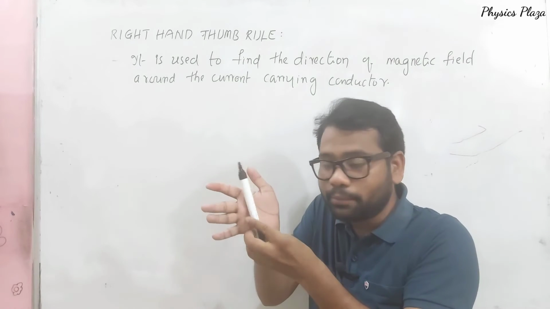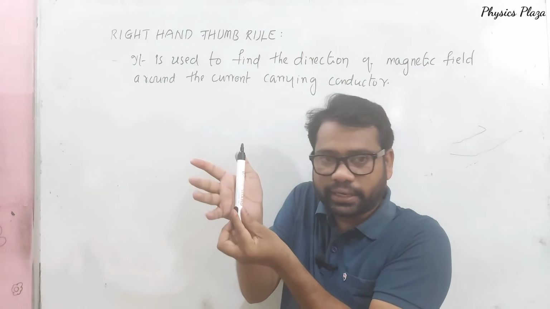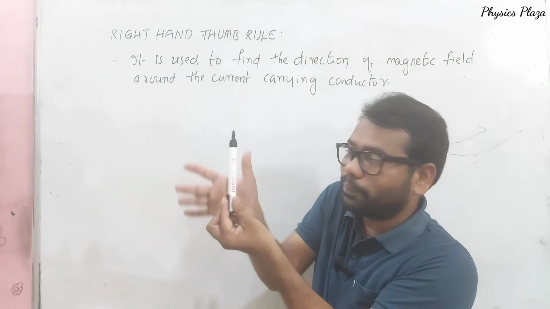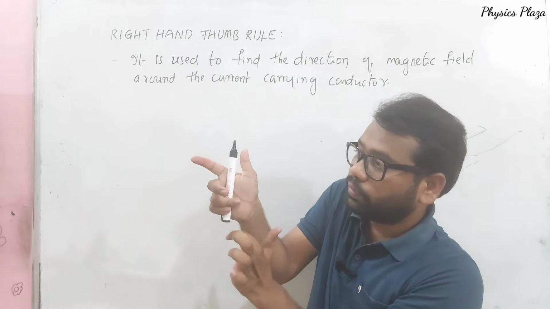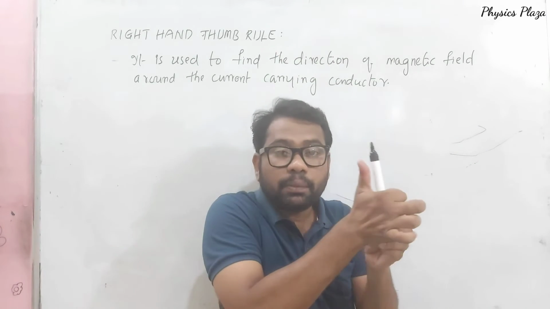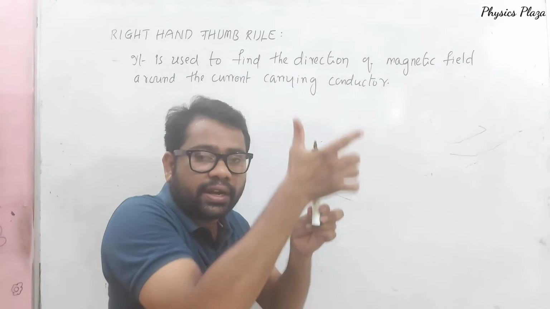I am going to hold this current carrying conductor with my right hand. Now see in which direction my thumb is, children? Upward. Current is flowing in this direction only, and my thumb is also showing in this direction, which means my thumb is showing the direction of current.